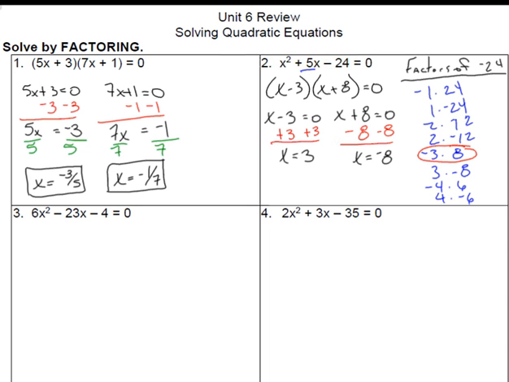For problem number 6, the first thing that I'm going to do is multiply 6 times the negative 4. So I now have x squared minus 23x minus 24. Again, I'm going to list the factors for negative 24.